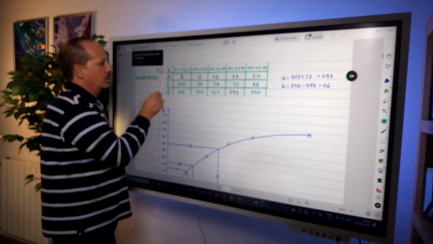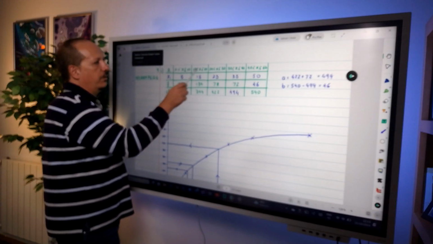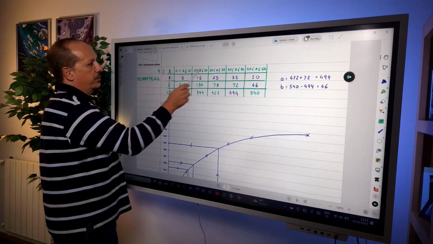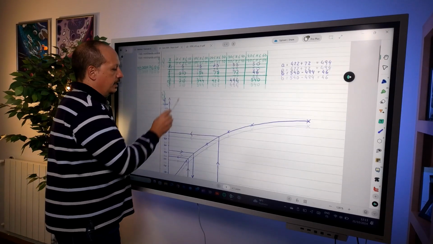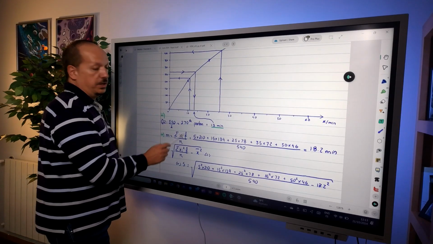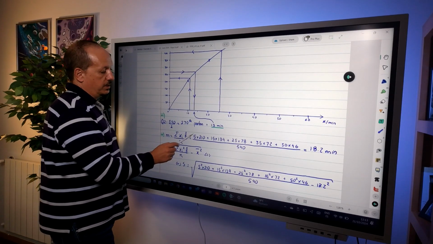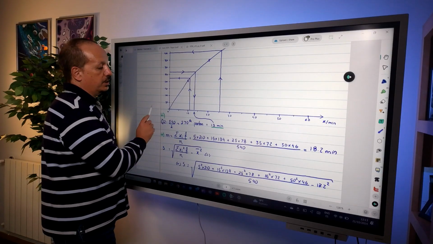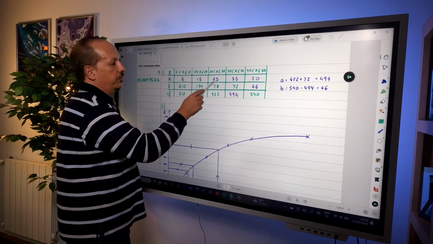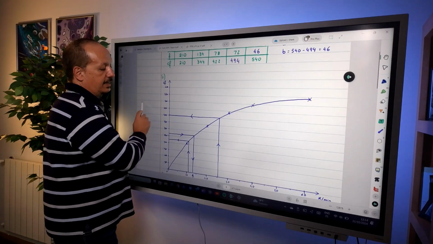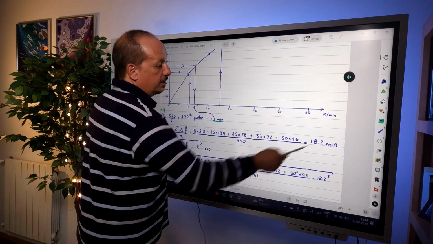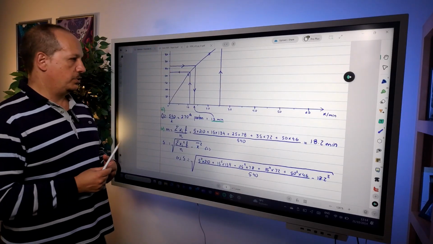And this column is the column in which you have the midpoint of each class interval. So for this one, it will be 5, for this one, 15, so forth. And once I have that, I can apply the formula for the mean, right? So is 5 times 210 plus 15 times 134 plus 25 times 78, etc. The whole thing divided by 540. And this would be 18.2 minutes.